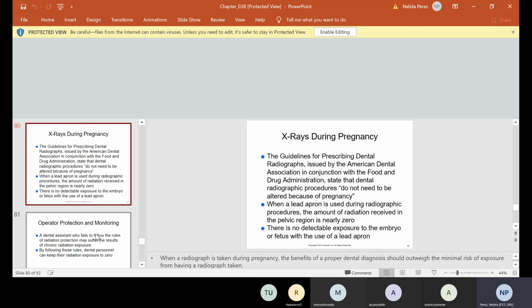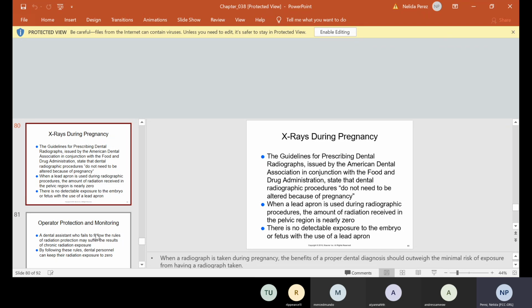X-rays during pregnancy. The guidelines for prescribing dental radiographs issued by the American Dental Association in conjunction with the Food and Drug Administration, FDA, state that dental radiographic procedures do not need to be altered because of pregnancy, because we use a lead apron during radiographic procedures. The amount of radiation received in the pelvic region is nearly zero.